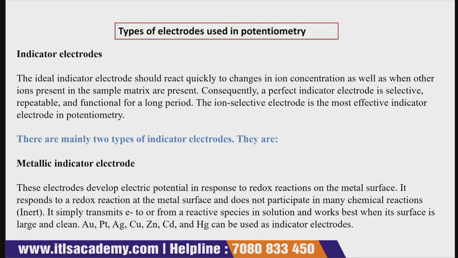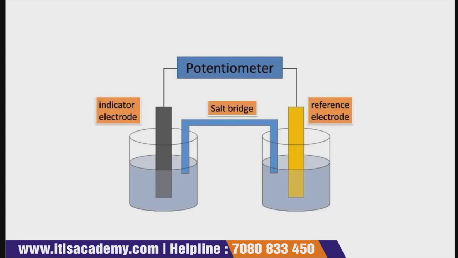If you see the indicator electrodes, the ideal indicator electrode should react quickly to the changes in the ion concentration, as well as when ions are present in the sample matrix.